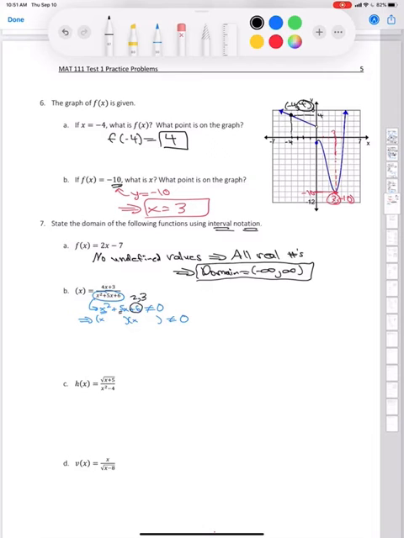Well, 2 times 3 is 6, and 2 and 3 do add up to 5. So we would need a +2 and a +3. If you distribute or fold that out, our outer product is 3x, inner product is 2x. So again, I wanted to go ahead and factor, and I've done that. So again, 3x plus 2x add up to 5x.